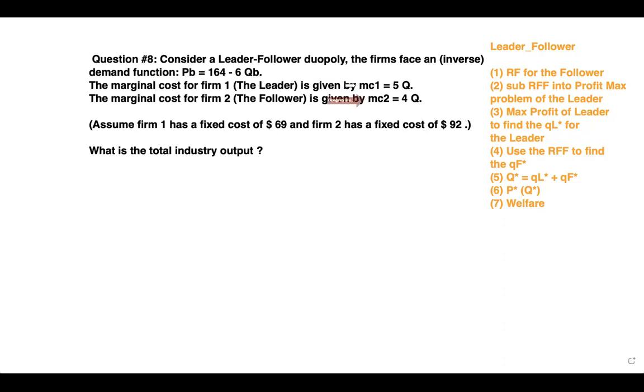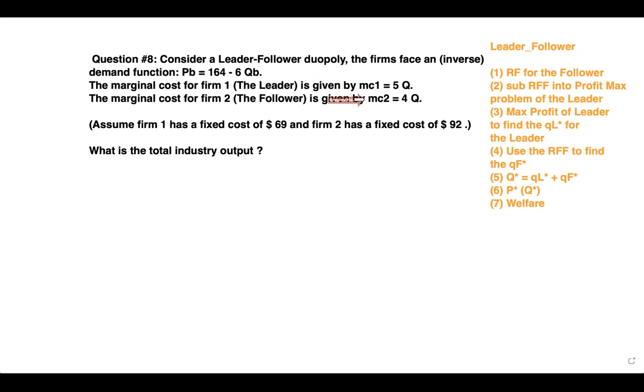showed was if the two firms are equally matched in terms of their costs, then because the game in Cournot is symmetric, they both have reaction functions, and we look at the intersection of their reaction functions to find the Nash equilibrium, then the one with the cost advantage ends up producing more output.